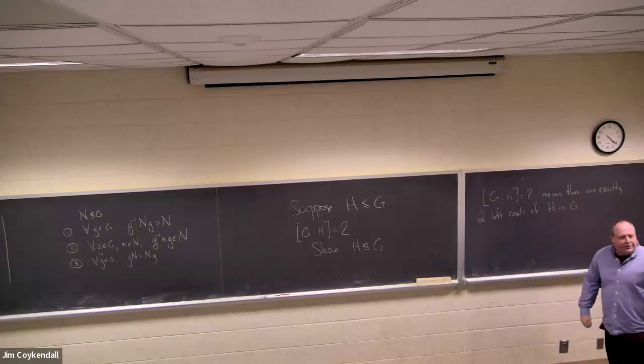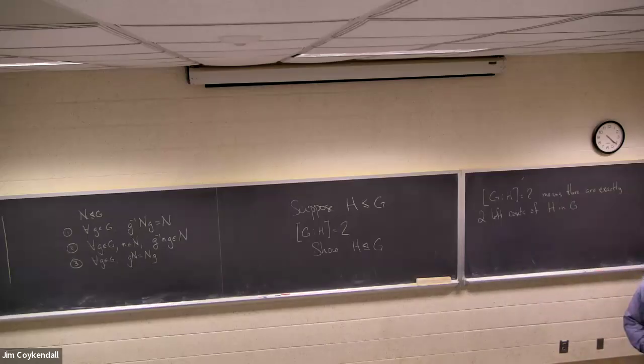So basically what that says is the subgroup H occupies half of G. Half of G is in H and the other half isn't.